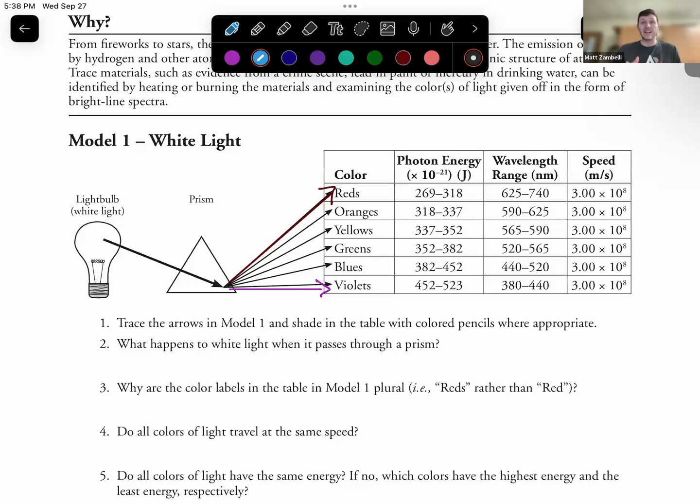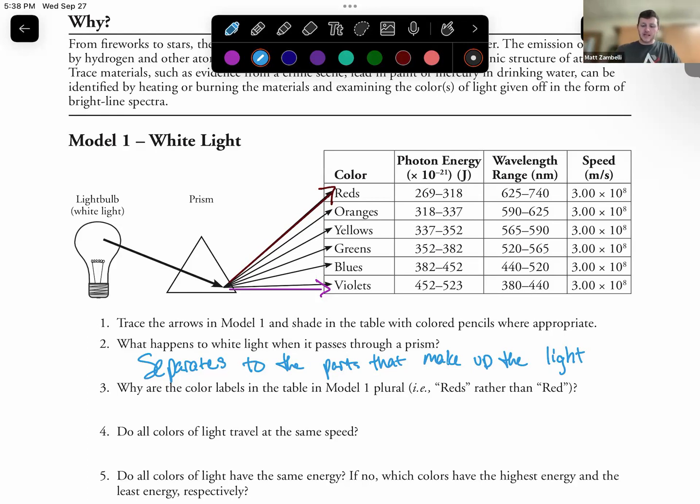It separates into the pieces or parts that make up white light. I'm not going to go through all of them because you can do that, but we see that it separates into its parts.